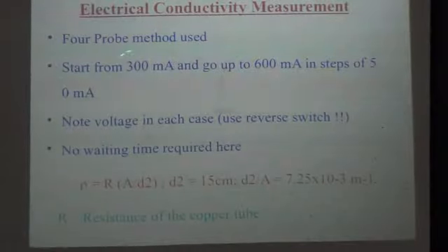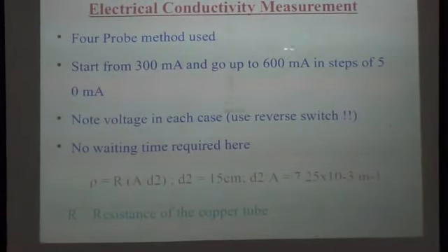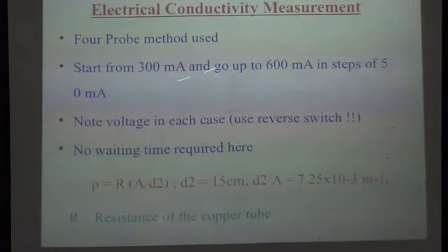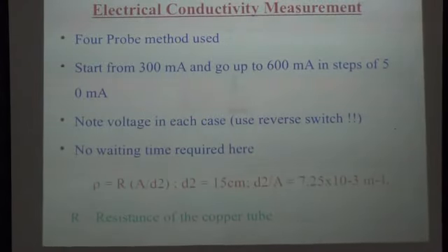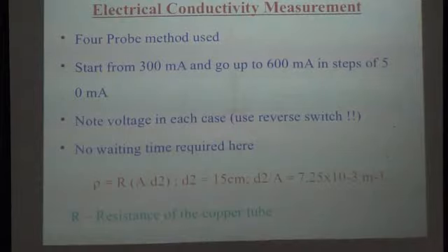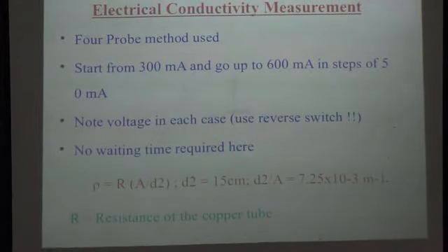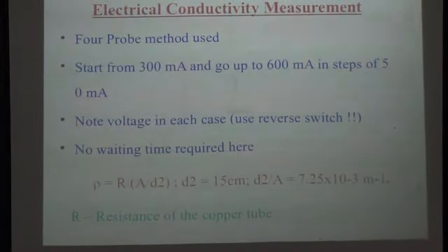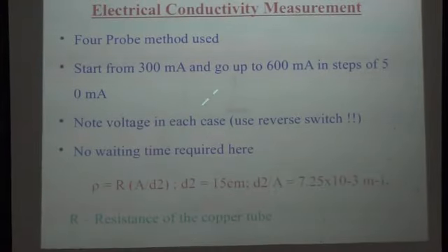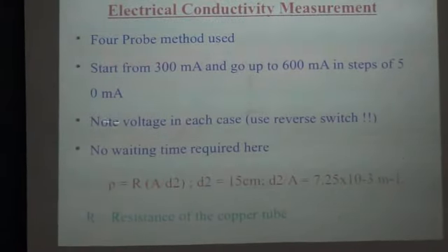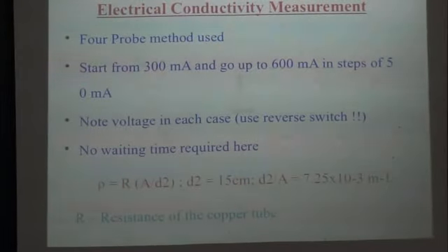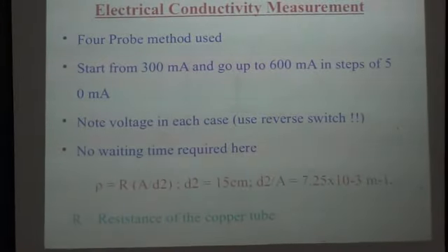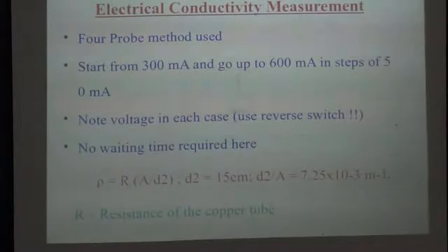So you can start with 300 milliampere and go up to 600 milliampere in steps of 50 milliampere. Okay, you are not using the heater right now. You are allowing the current to pass through the 2 current leads at the extremes. So there is no upper limit for the current. Note the voltage in each case and the reverse also, and no waiting time is required. So this is just a 4-5 minute experiment. You can do it any time in between.